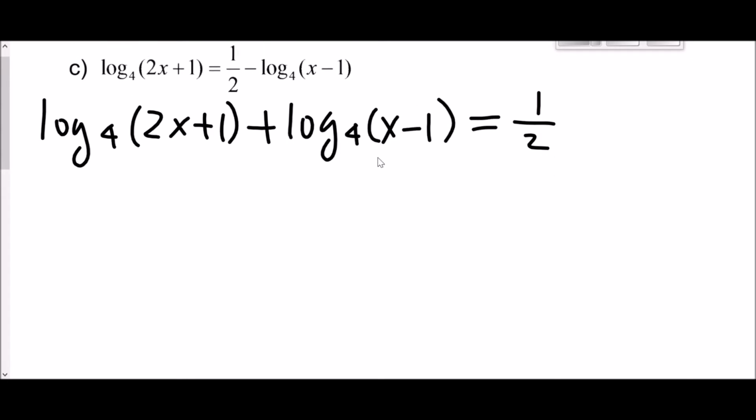Okay, and then after that we can apply the product law because you have the same base, log base 4, so now we can put all this together.